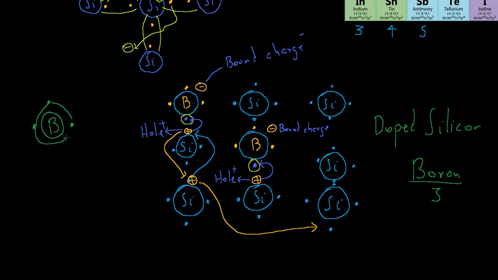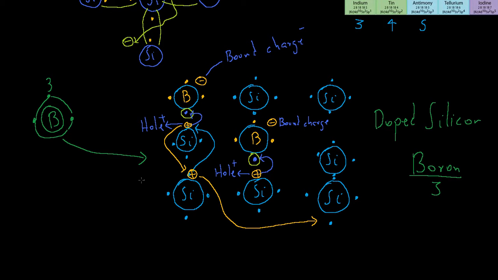So you have 3 valence electrons. We take these boron atoms and we put them inside the crystal lattice by some means. And once this happens, we have created charge carriers called holes. These are positive charge carriers, and they move from one place to the other.